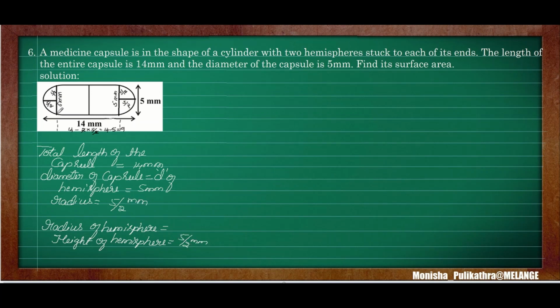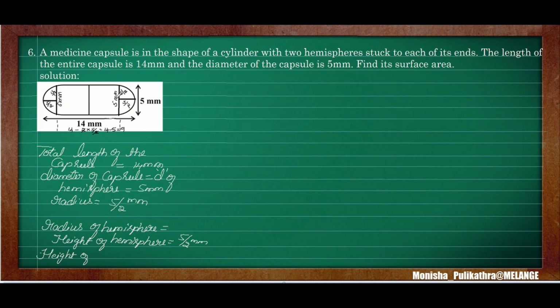Now the full length of the capsule is 14 millimeter. The height of this hemispherical part is 5 by 2 millimeter, whereas we don't know the height of the cylinder. The height of the cylinder is obtained when we subtract 2 times the height of the hemispherical part from this 14, because the hemispherical part is there on both sides.